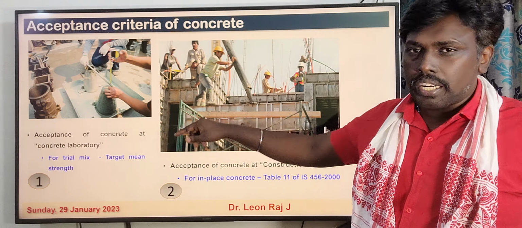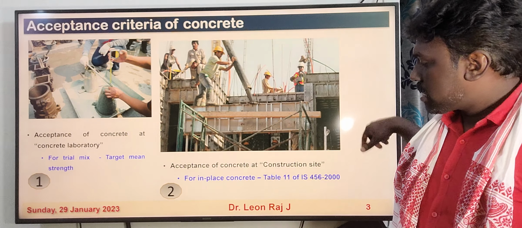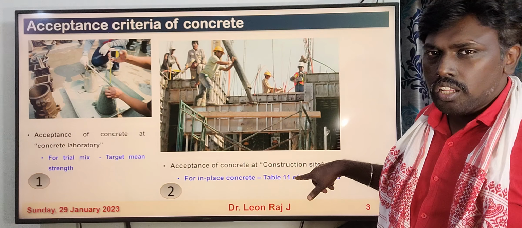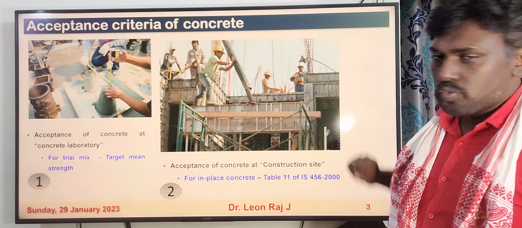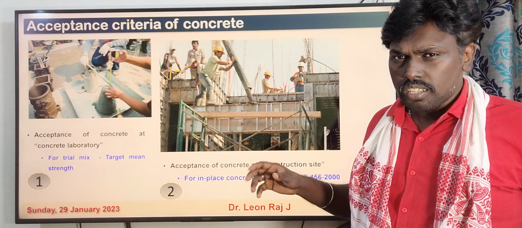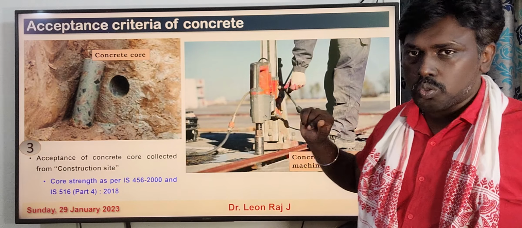The acceptance criteria of concrete at the construction site is the in-place concrete acceptance criteria as per Table 11 of IS 456:2000, which we will see in the coming slides. Then the acceptance criteria of a concrete core are as per IS 456:2000 and IS 516 Part 4:2018.